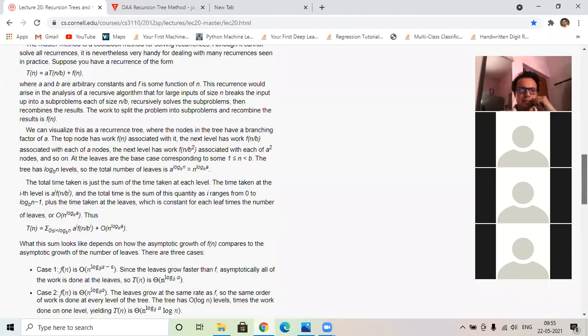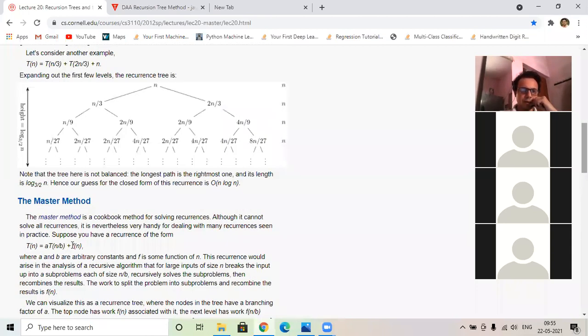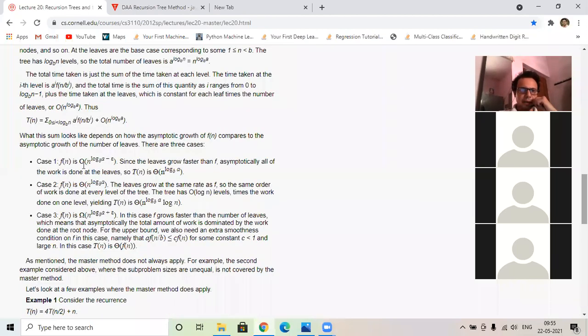It has three cases. Case one. f(n) means this one. So what will we call time complexity? Actually, time complexity depends on f(n).